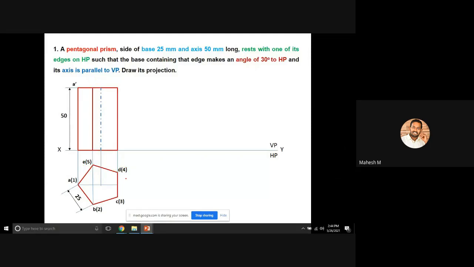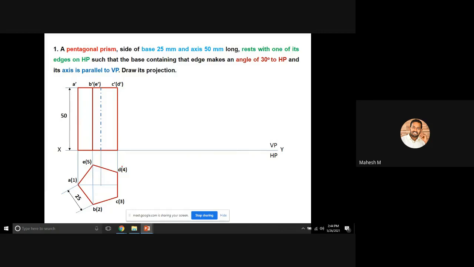This particular point can be named A dash and this one B dash of E dash, because you can't see this particular corner, which is E of 5. So the E should be marked within brackets and the 5 should also be marked within brackets. Similarly, you have to mark this point within brackets: C dash of D dash.